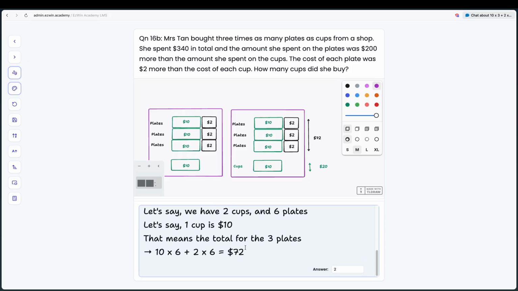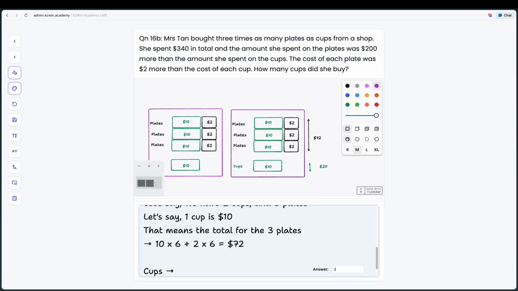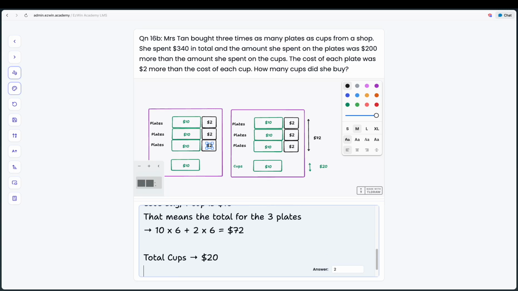So the thing is that the cups, since it's $20, total cups is $20. And then we also have 2 times 6 in terms of the number of plates, right? The difference.